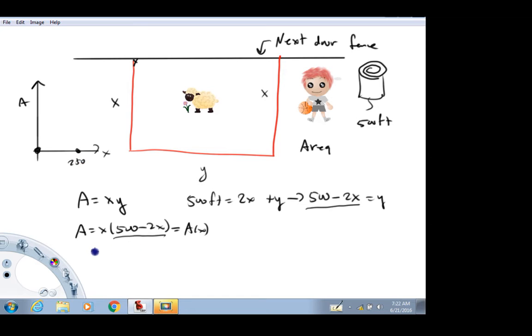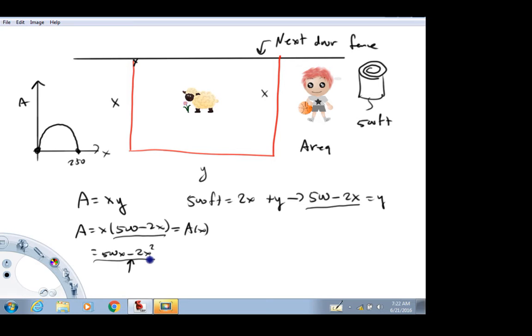Now, looking at this, since it's 500x minus 2x squared, the minus sign indicates this is a parabola that opens down. So this function must look something like this. Now, let's talk about the domain of that function. Functionally, this thing is defined everywhere. When you talk about domains of functions, you have the mathematical things that restrict your domain, like division by zero and square rooting negative numbers.